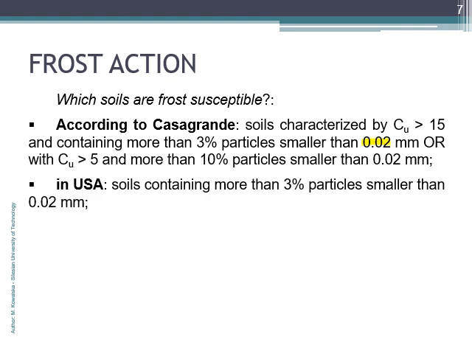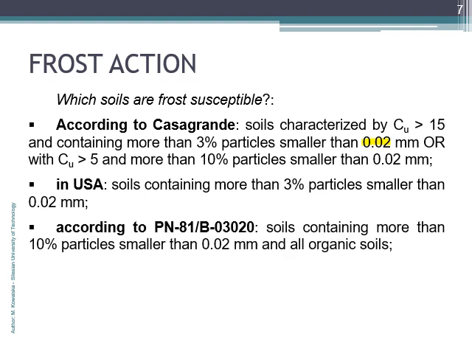Okay, the second definition, according to some ASTM standards, so in the USA, they use this definition that the frost susceptible soils are the soils containing more than 3% of the particles smaller than, again, the same limit, so 0.02 millimeters. And according to the old Polish standard, this would be the soils containing more than 10% particles smaller than 0.02 millimeters, and all organic soils as well.